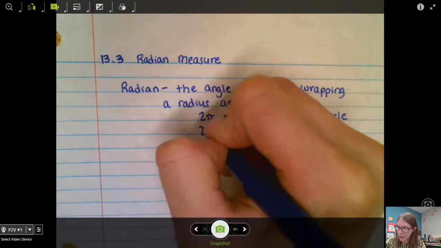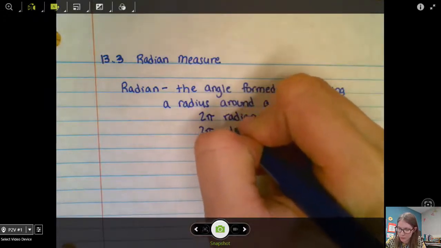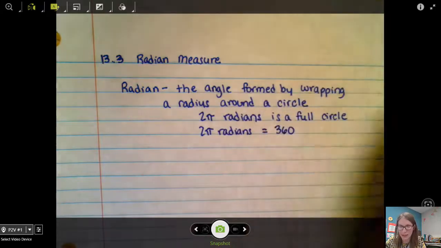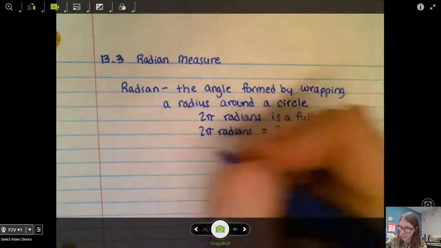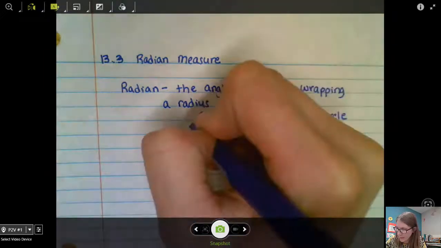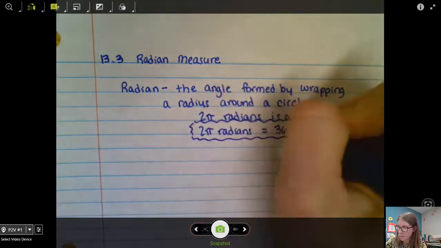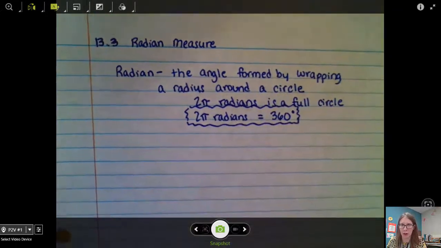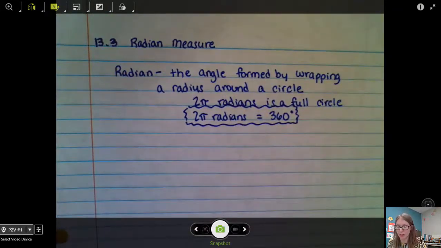So 2 pi radians equals 360 degrees. And that's one of our main important notes here, is that 2 pi radians is 360 degrees.